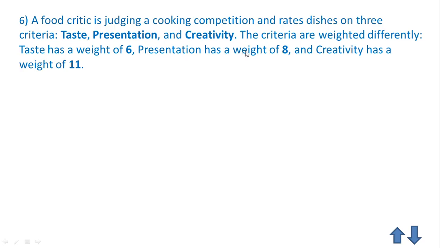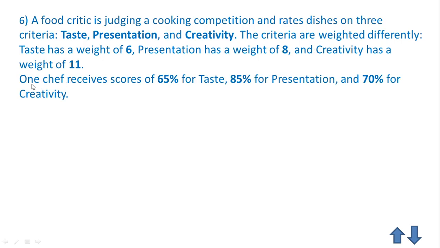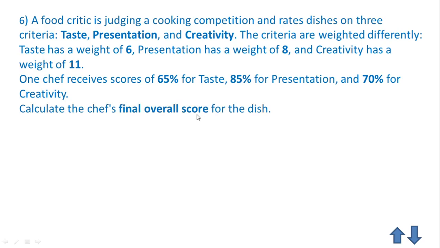Presentation has a weight of 8. And creativity a weight of 11. One chef judge receives scores of 65% for taste, 85% for presentation, 70% for creativity. Then they want us to calculate the chef's final overall score.